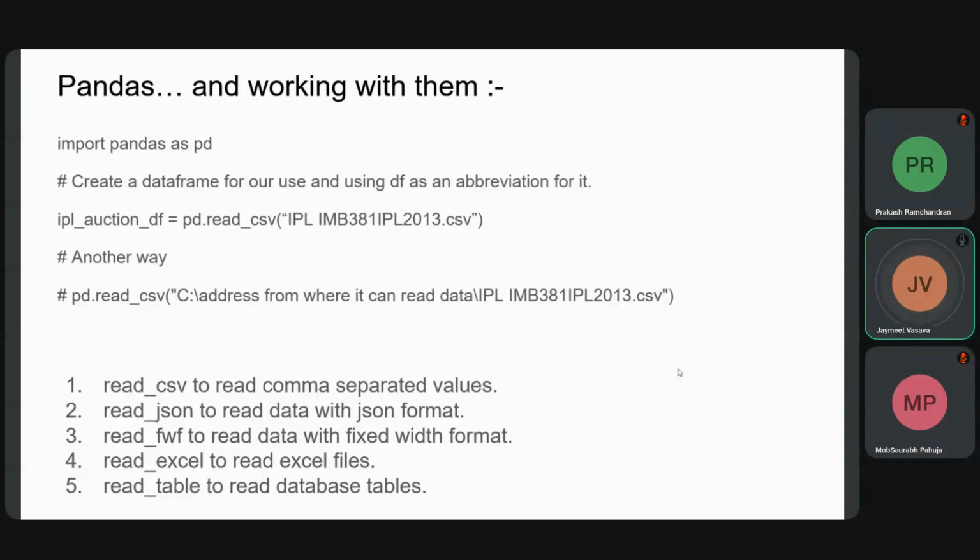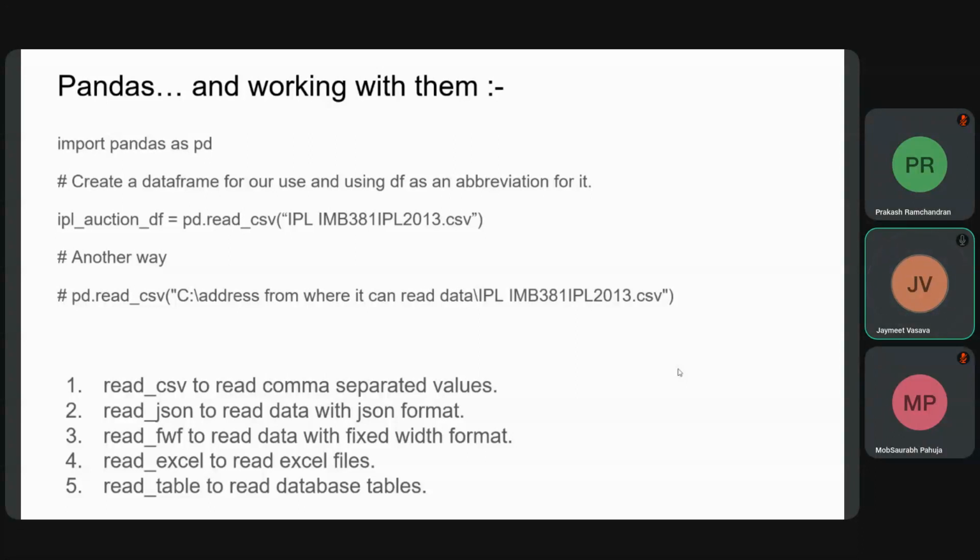ipl_auction_df, the IPL auction data frame, and then we will make it read the dataset file that we have stored. For that, we go for pd.read_csv, as this is a CSV file, and then give the name of the dataset.